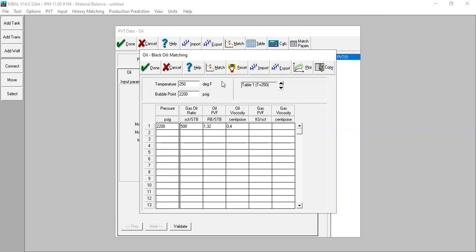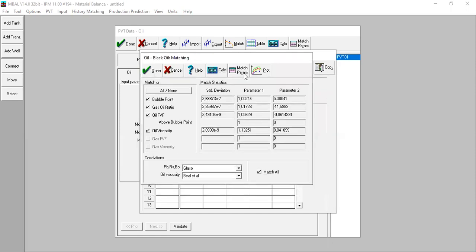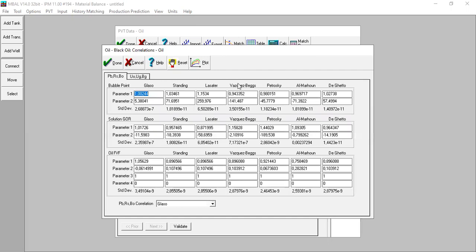Let's see, click match, press calculate. Then I will check the quality of the matching. Go to match parameters, and just a quick review: based on parameter 2, the Glasso equation is the best. Parameter 2 for Glasso is 5, but for Standing 71, Lasater 200, Vasquez-Beck minus 140, Petrosky minus 45.